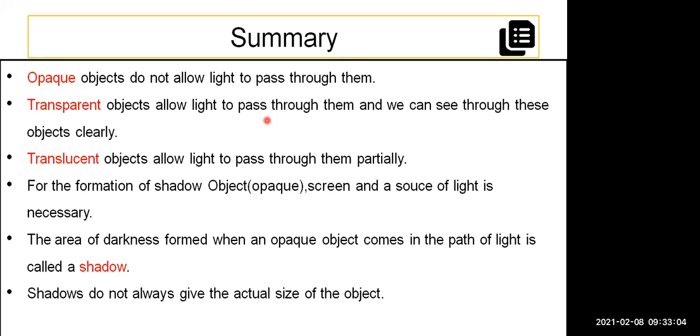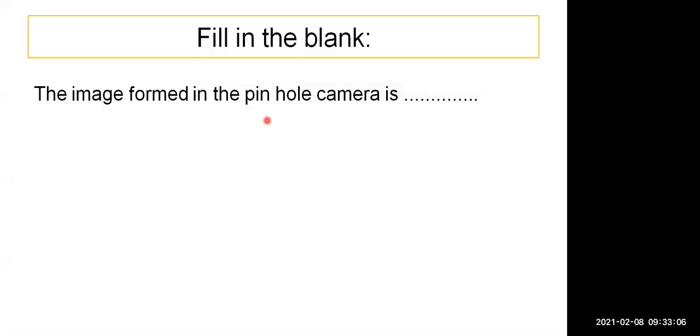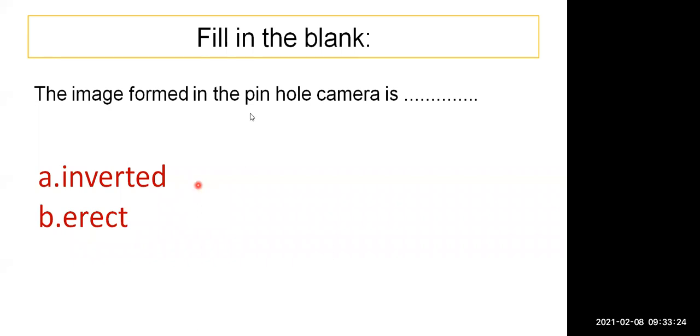Okay, now we'll move towards the assessment part. Now the first question, I want all of you to give the answer, okay? The image formed in the pinhole camera, is it inverted or is it erect?